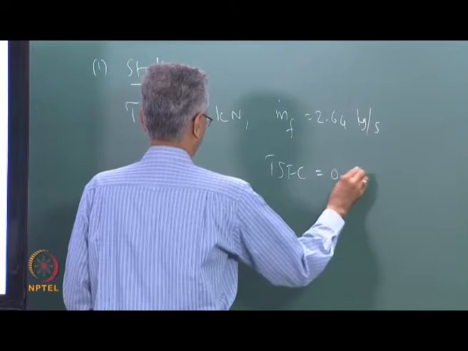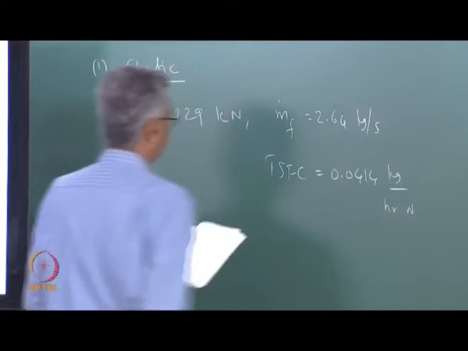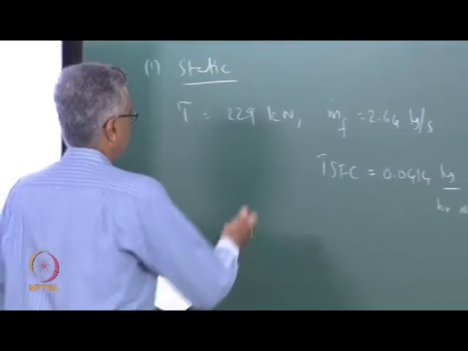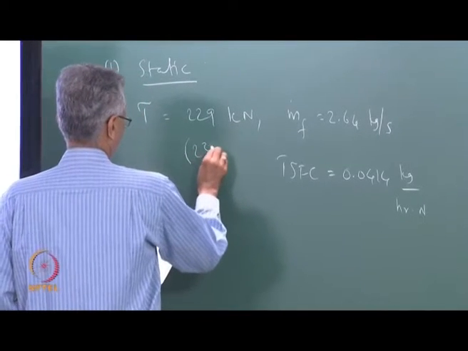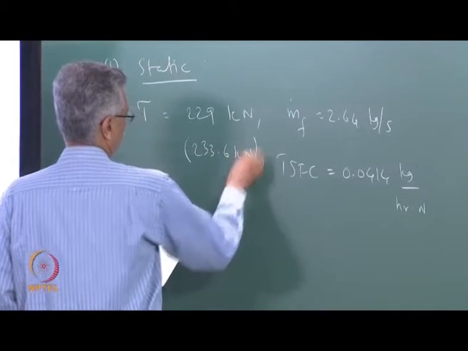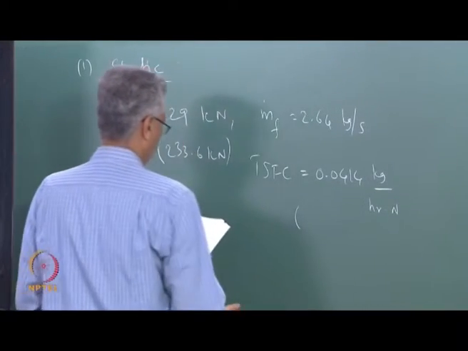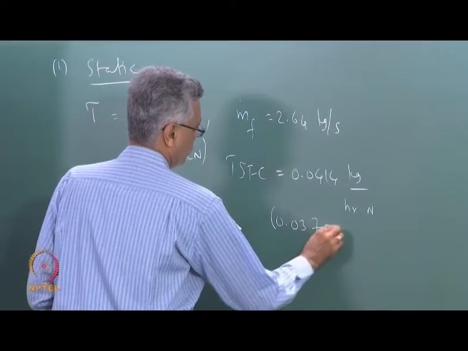0.0414 kg per hour Newton, and we compared with the manufacturer quoted value for this. This was 233.6 kilonewton for the total thrust, and for the TSFC the manufacturer quoted value is 0.03781.